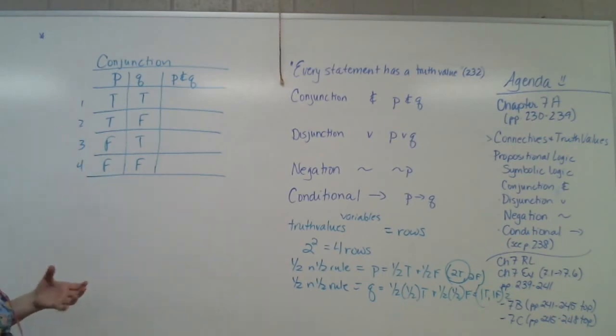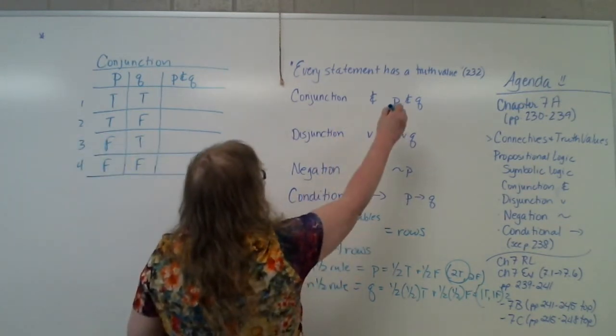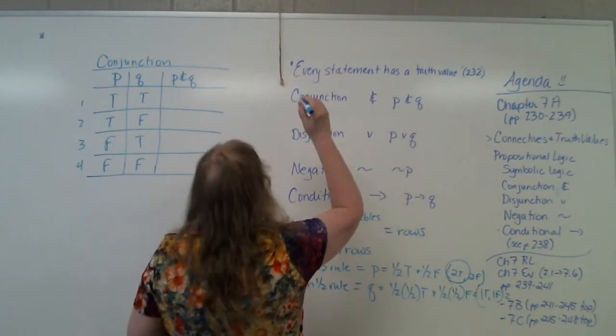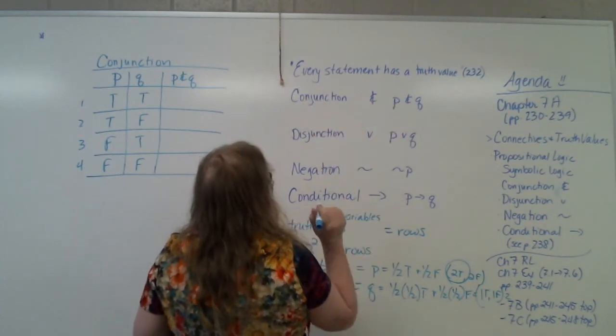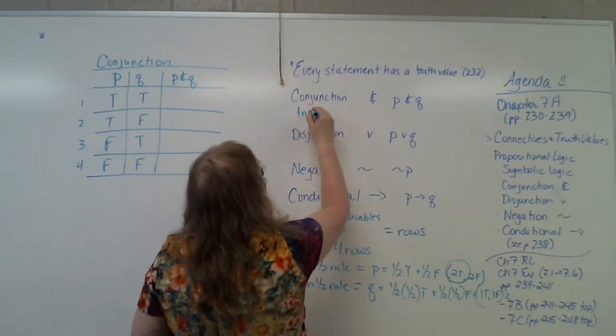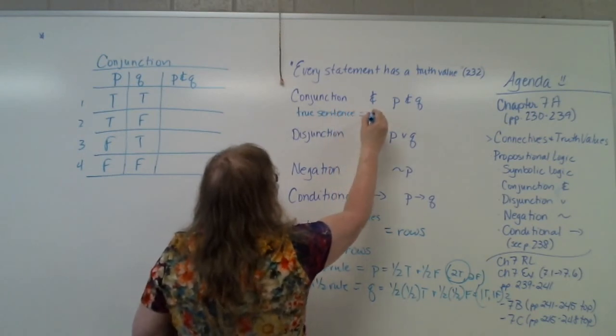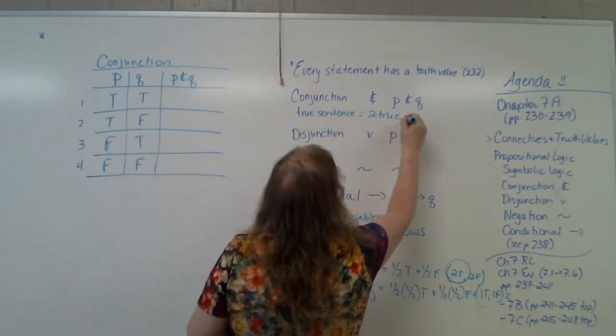Now, the rule for a conjunction is that in order for P and Q to be true, both P and Q have to be true. A true sentence equals 2 true variables.